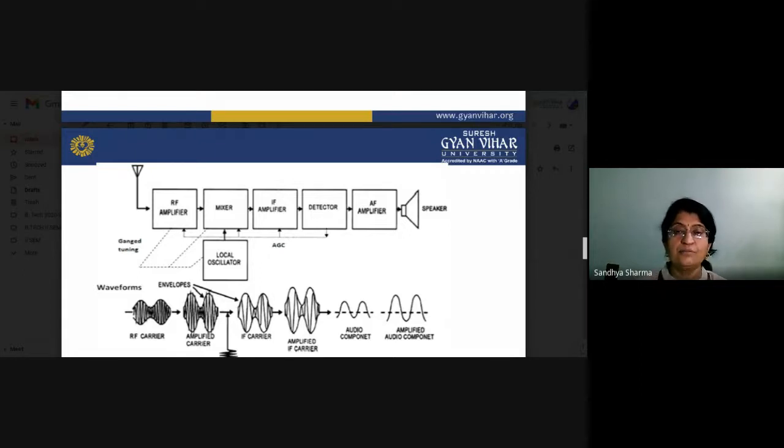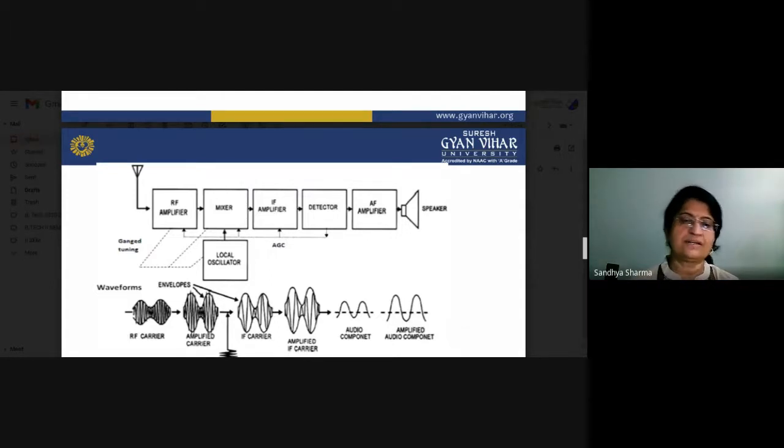Detection is basically a demodulator. After that we process it in the AF, audio frequency amplifier, and then the speaker. That is the very basic block diagram of our superheterodyne receiver.